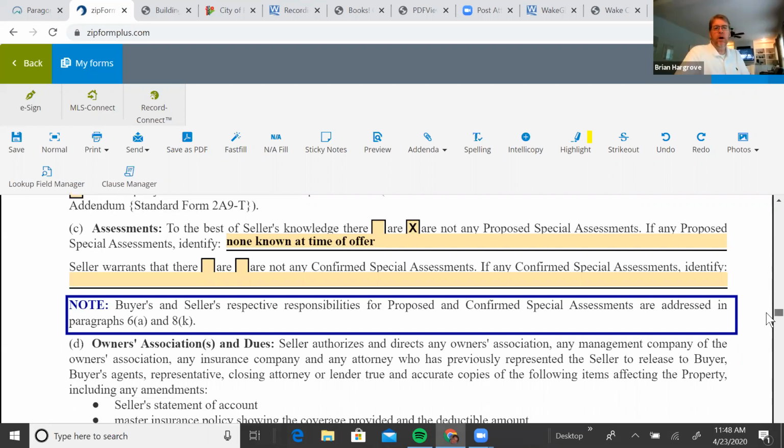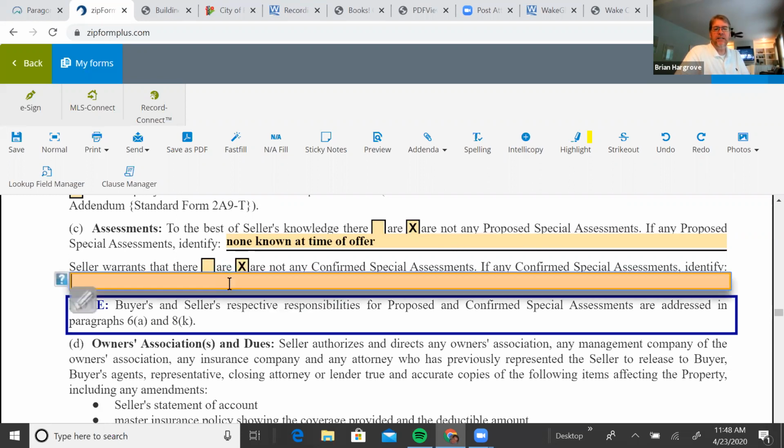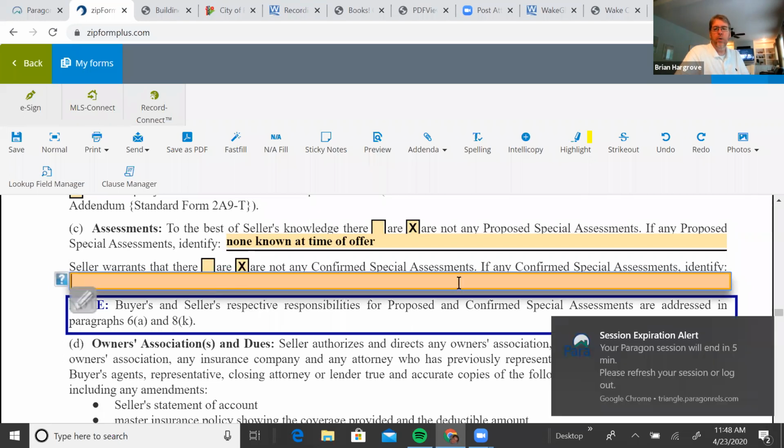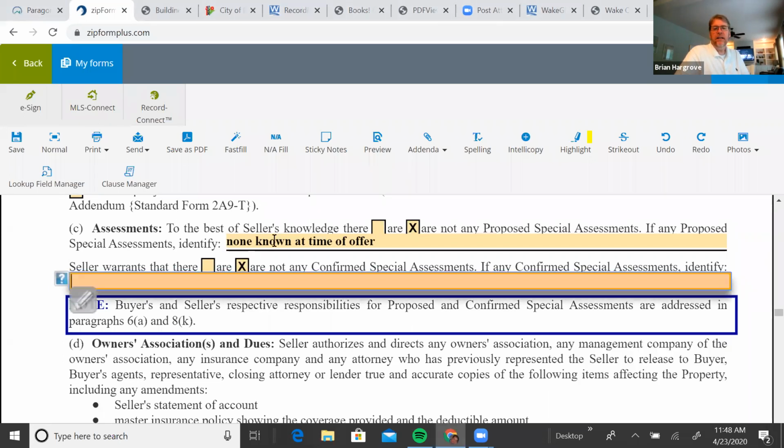So a lot of agents here put none known, but if any to be paid for by seller is what they write here. And they also do that under confirmed. So there's proposed and confirmed. And let's just say that you put are not any. And again, let's say under both of these you put none known, but if any to be paid for by seller.